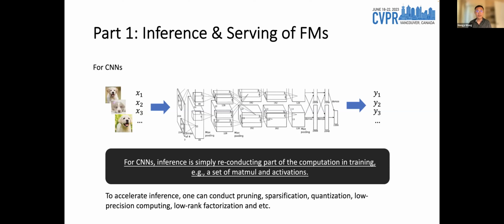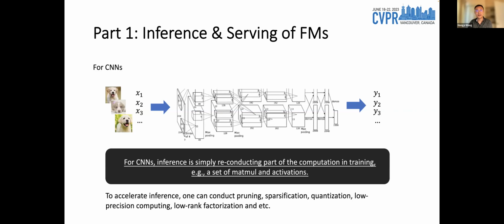We can do something about the network, like pruning, sparsification, quantization, or use low precision computing if our hardware supports that. We can also do low-rank factorization to approximate the model weights. Overall, all we want is to make the model fit in small devices, let's say our cell phone, and do fast computation. That seems to be easy.